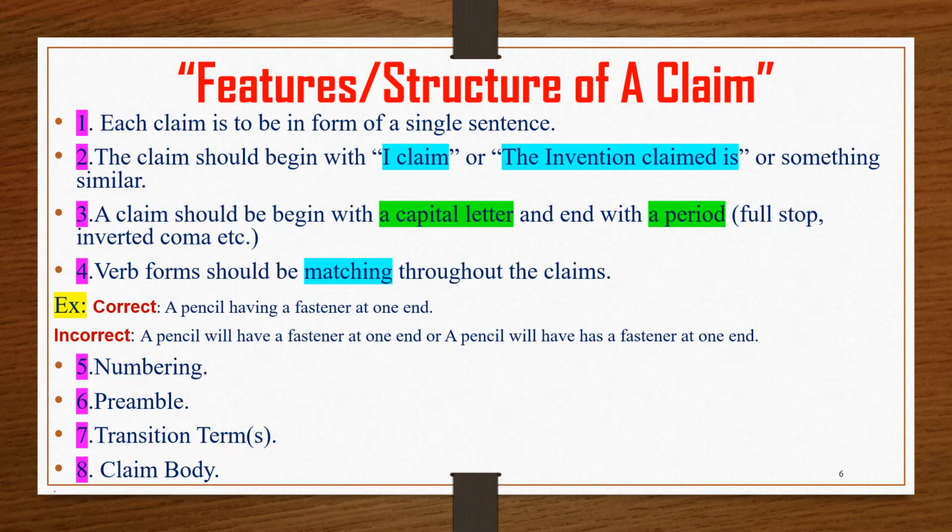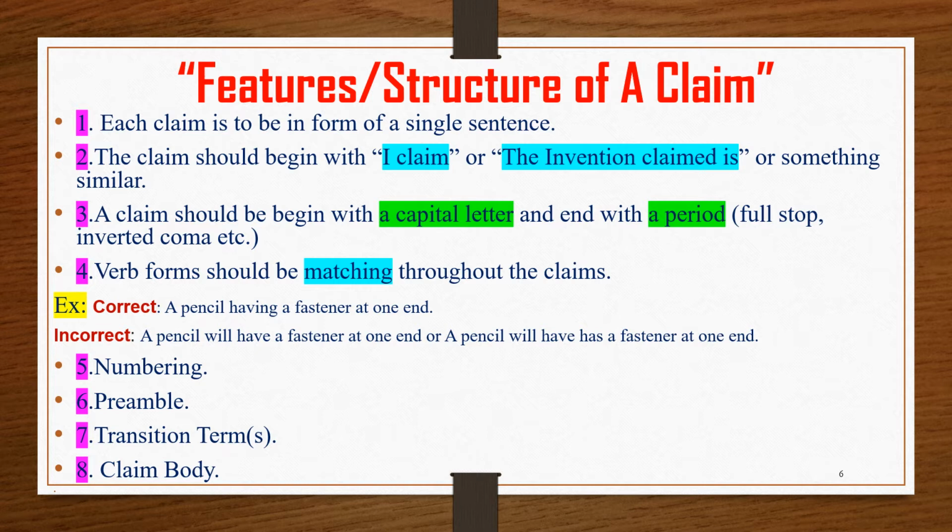Fine. What is the incorrect one? A pencil will have a fastener at one end, or a pencil will has a fastener at one end. Fine. So this is a very good example to understand that the verb form should be matching.